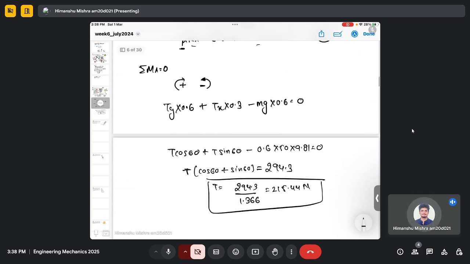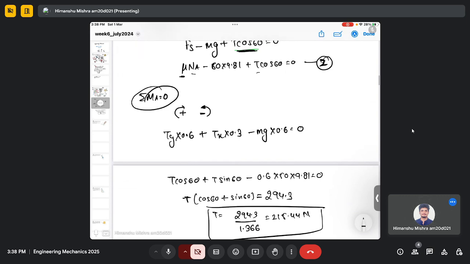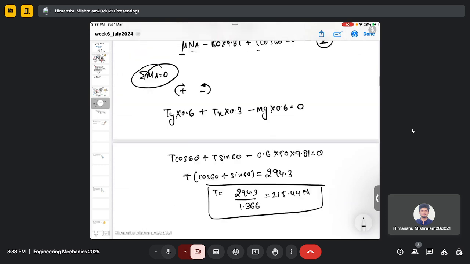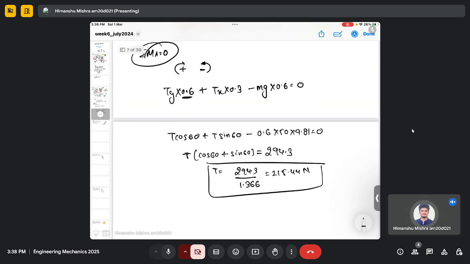So I got T from this summation of moment equation. Have I not taken the distances there, I think? No, I have taken these distances, 0.6, 0.3 and 0.6. Yeah, but T cos 60 is not multiplied with the distance. Yeah, sorry.